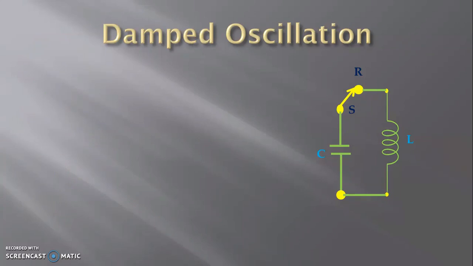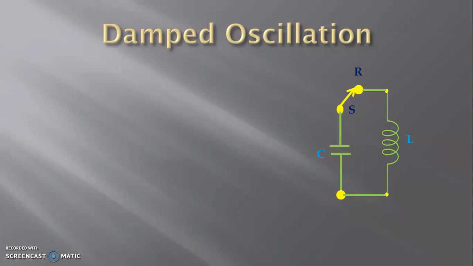Now let us understand the damped oscillation. We know that initially we connected the capacitor across the power source and it was fully charged, and when the capacitor was fully charged, the power source was disconnected from the LC circuit, and then the LC circuit has no external power source.